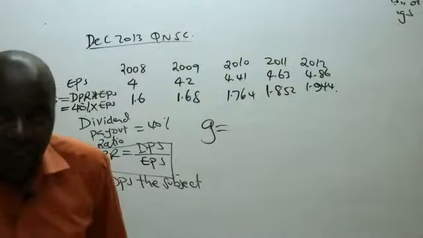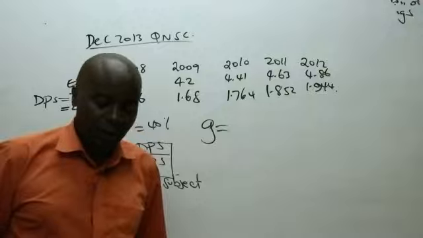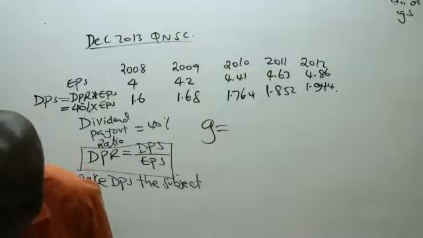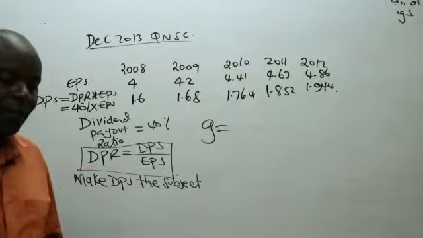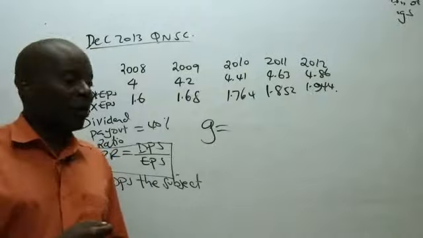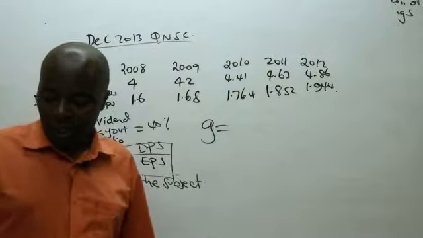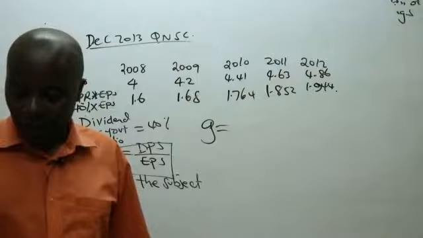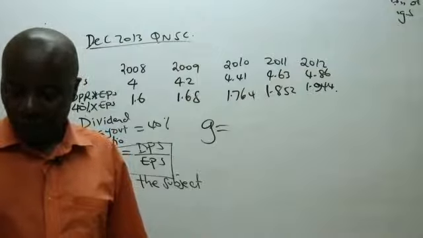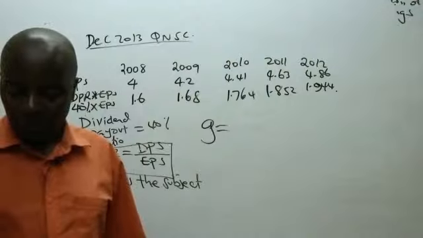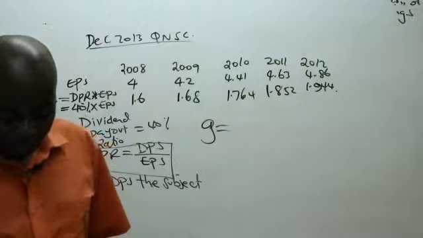Even Brian Mosioka had also thought of the same. That's very good. But now, please let us go a step further and give Mwalimu the formula of getting this growth rate.